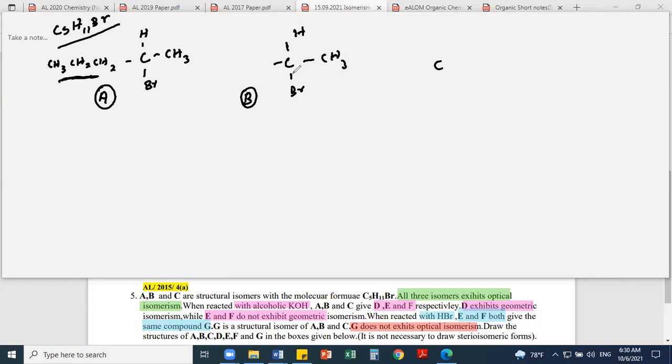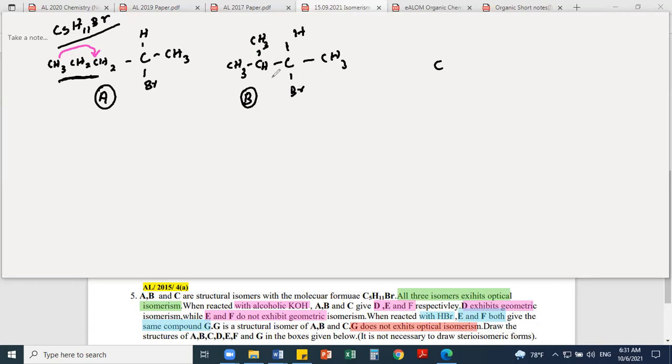CH3, CH3, and there are three carbons. There are three carbons, right? So this one you put here. This CH3 you put here. Then also you will get a structure like this. That CH3 you can put here. Did you get it now? 1, 2, 3, 4, 5.